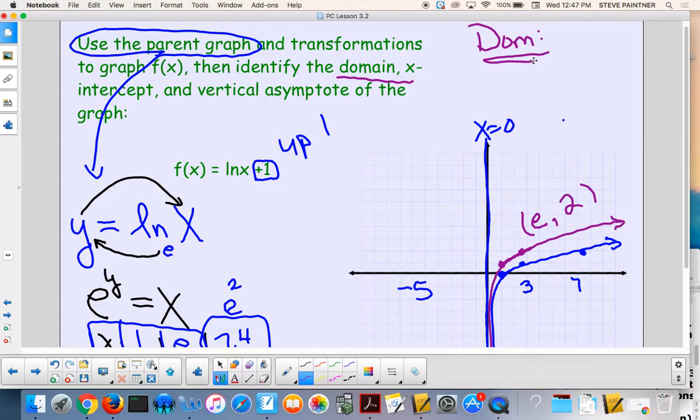X is greater than 0. Guys, are you looking at your vertical asymptote? Everything to the right of it for x's got answers. So x is greater than 0, all real numbers greater than 0. Okay, and then next is what? Vertical asymptote is right here. VA. Right there. Okay, next would be the x-intercept.